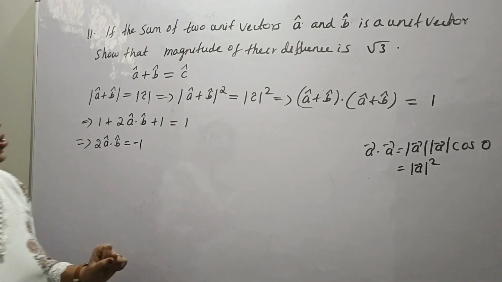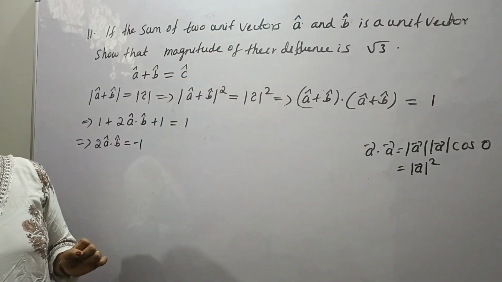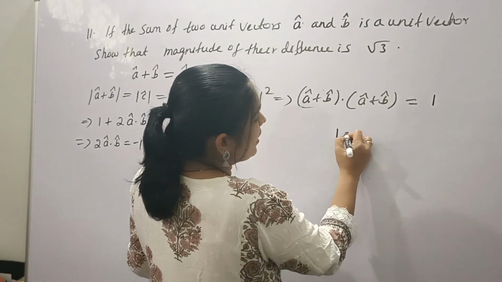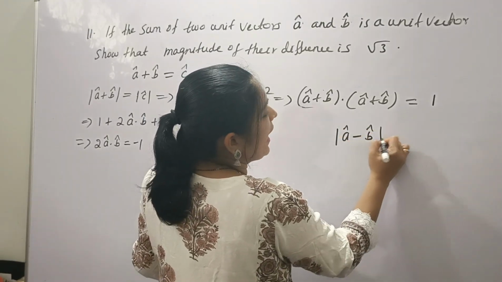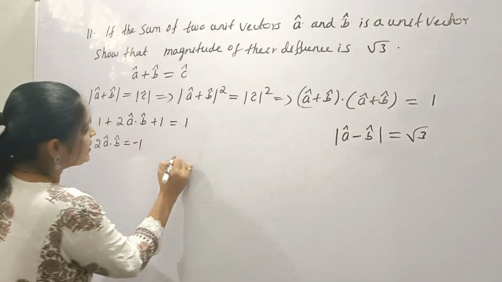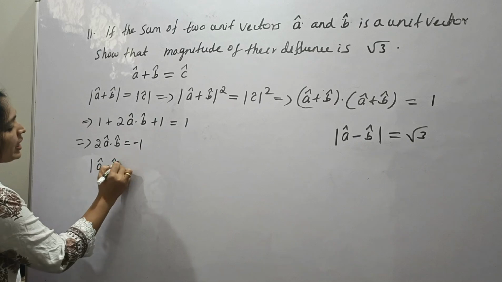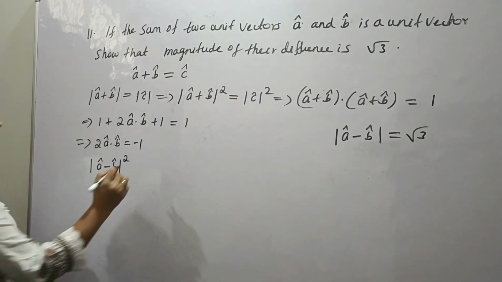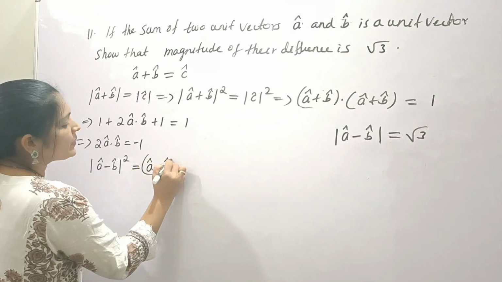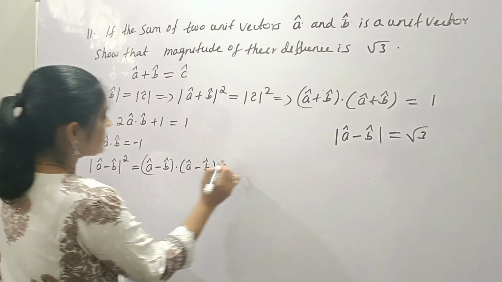And here we have to show magnitude of their difference is root 3. That is, we have to show magnitude of A cap minus B cap is equal to root 3. Okay, so here let's find modulus of A cap minus B cap square. Okay, that is equal to A cap minus B cap dot A cap minus B cap. Expand this.